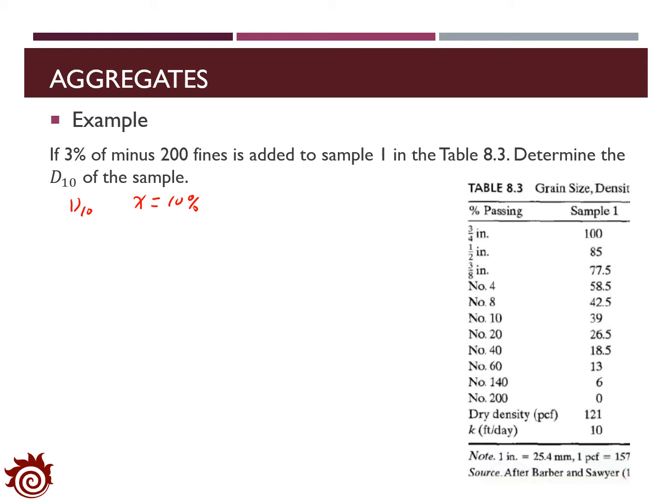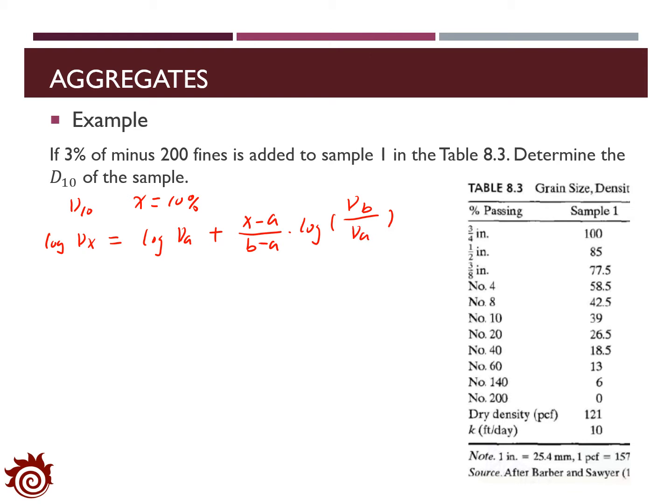We want to find D10, which is the grain size at around 10% passing. In order to find D10, we will use the equation from the previous page, log dx equal to log dA plus (x minus A) over (B minus A) times log dB over dA.